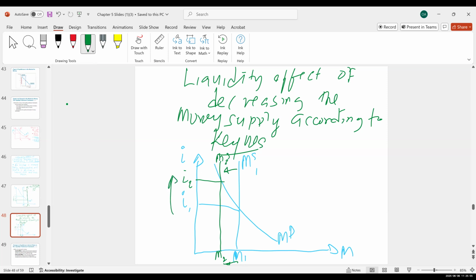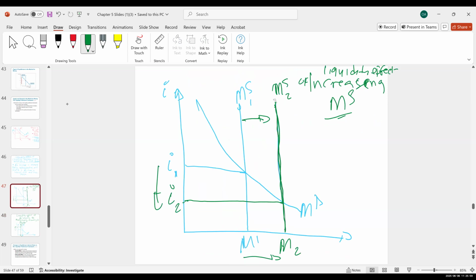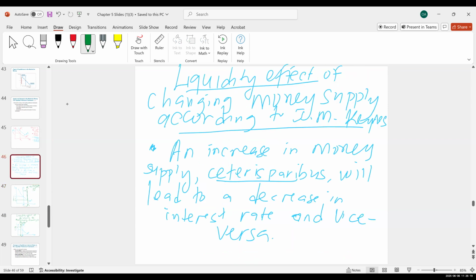Okay, let me ask you guys a question. Is this prediction what we see in the data? When we see the Federal Reserve printing money, the printing of money should lead to a decrease in interest rate? Shouldn't we predict the other way around? That's what I thought. Okay, so what does that tell you? What did Keynes do to make him come up with this bad prediction?